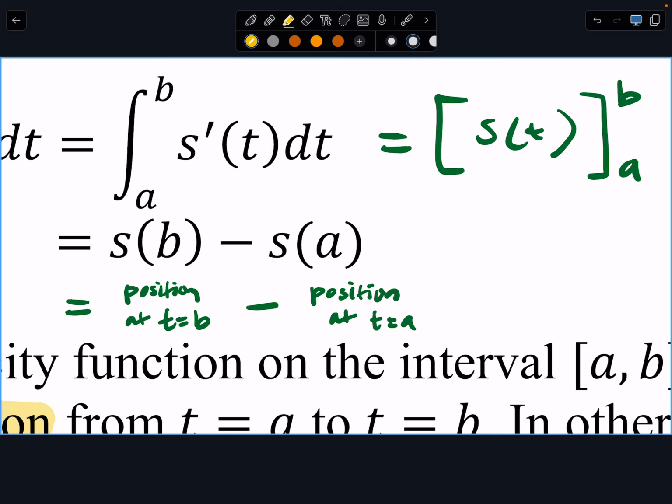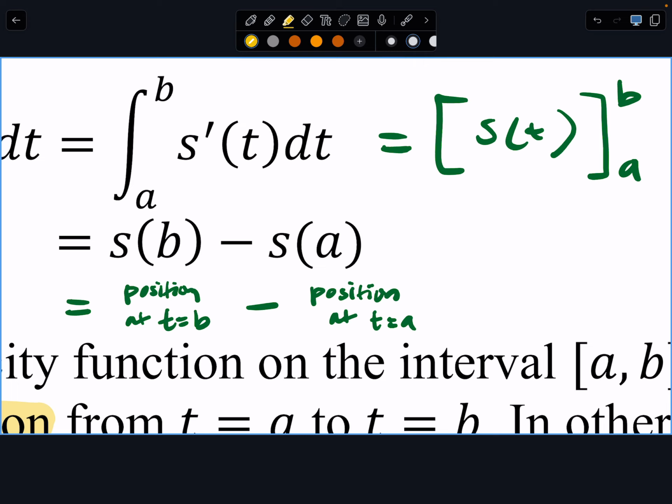If we were to just focus on one subinterval, one rectangle, the width of the rectangle would be delta t, so that's my t-axis, and let's say I'm determining the height by v of some value c sub i that lies on the interval.